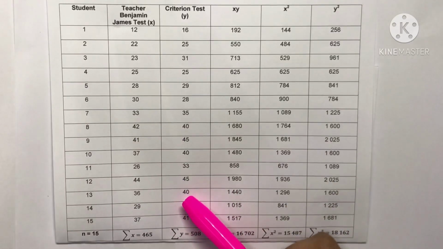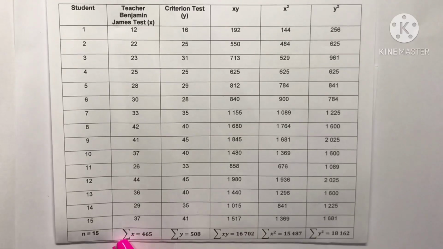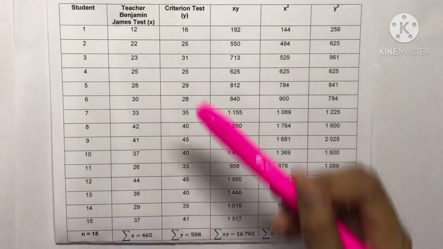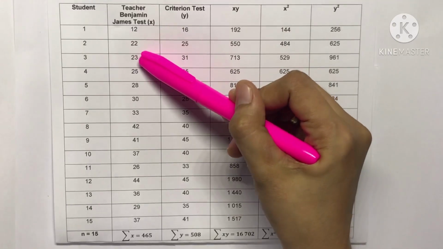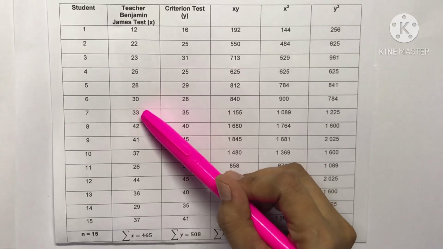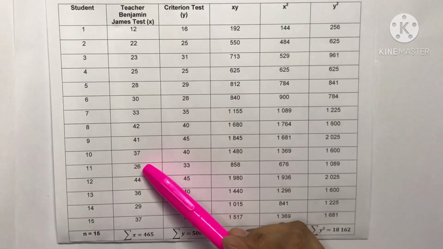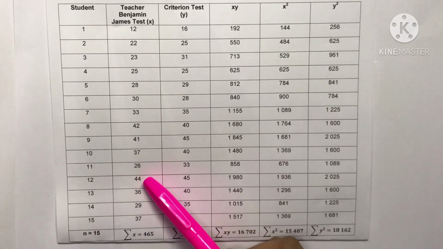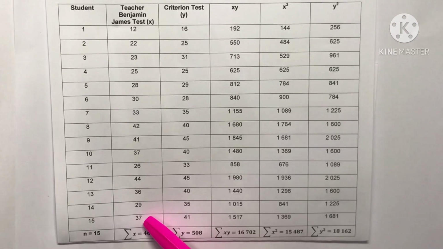So we need to get the summation of x. So how do we get this? So you have to add 12 plus 22 plus 23 plus 25 plus 28 plus 30 plus 33 plus 42 plus 41 plus 37 plus 26 plus 44 plus 36 plus 29 plus 37.